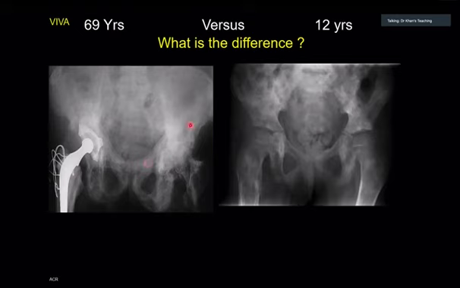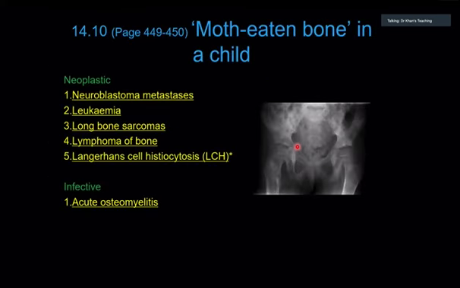On the other hand, this is a child, and everything is abnormal. And this is known as moth-eaten bone. And the top two should be up there: neuroblastoma, Mets, and leukemia. But other than that, lymphoma, etc., can also. This is moth-eaten bone. So this has been confused.